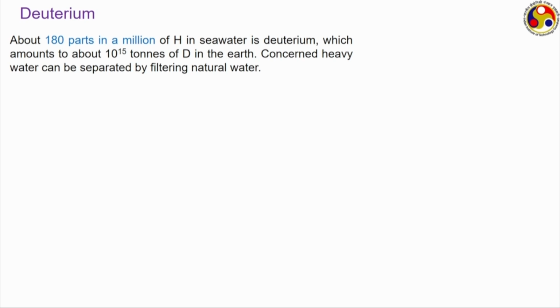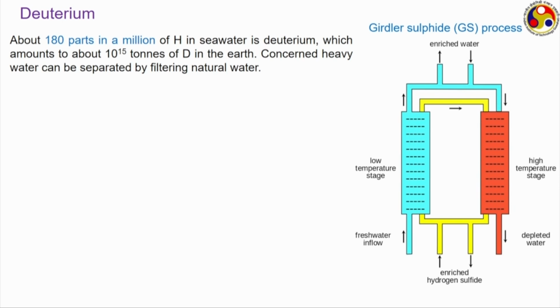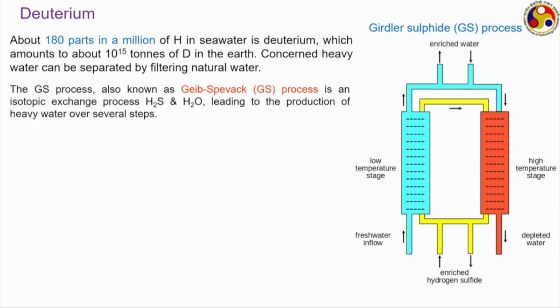The concerned heavy water can be separated by filtering this natural water. The Girdler sulfide process is one of the most common processes of separating heavy water from sea water. This process is also known as the Geib-Spevack process, named after the 2 scientists who independently proposed this same procedure more or less at the same time.